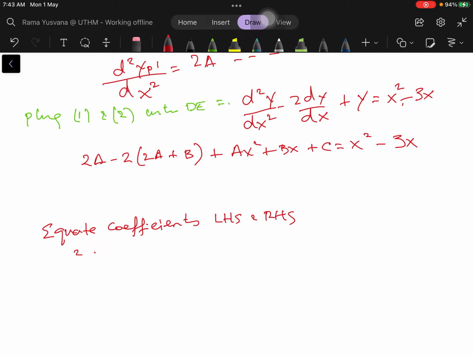Okay, so this one should give you ax square plus b minus 4a x plus 2a minus 2b plus c equals to x square minus 3x. So this is our x square, and then this is our x.